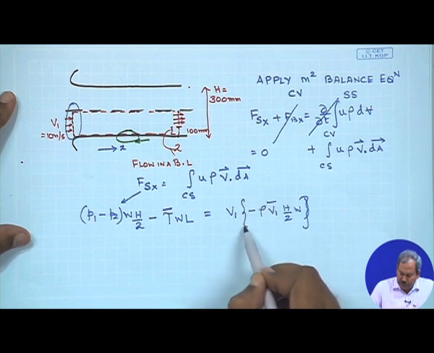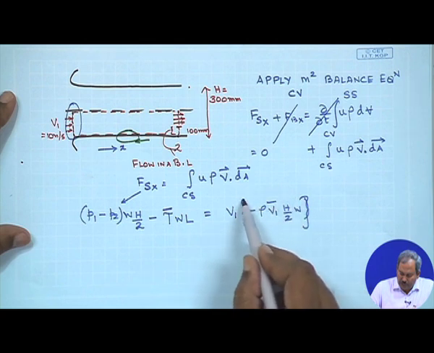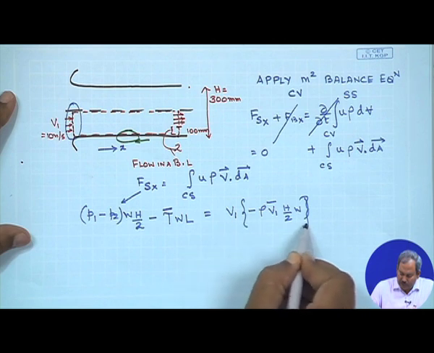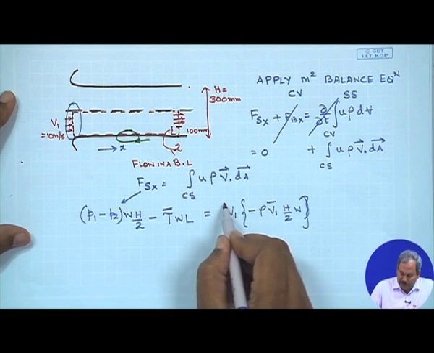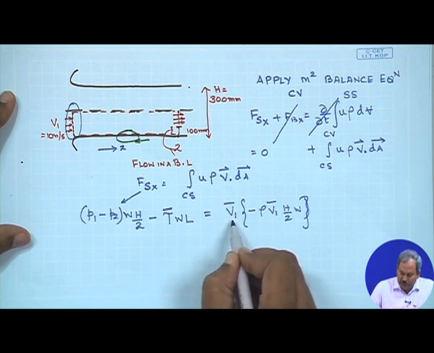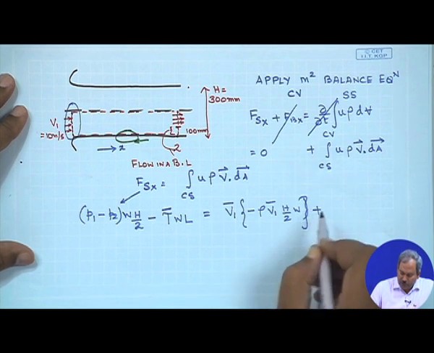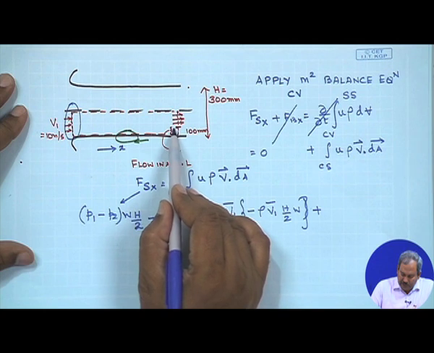So this bracketed portion is the mass flow rate of air entering the control volume, and the corresponding momentum associated with this amount of air is simply multiply this with the value of velocity, which is 10 meter per second at 1.